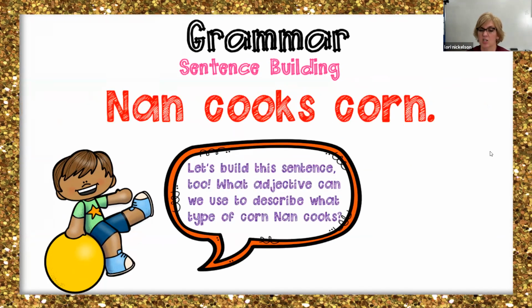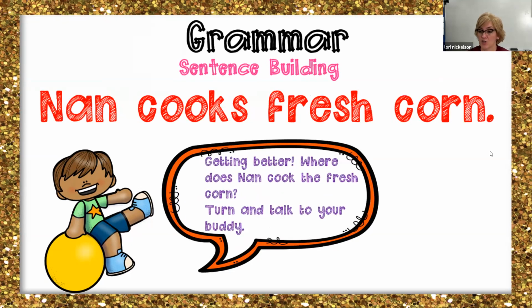Okay, Nan cooks corn. So let's build this sentence too. What adjective can we use to describe what type of corn Nan cooks? What about the adjective fresh? Nan cooks fresh corn. That's getting better, right?